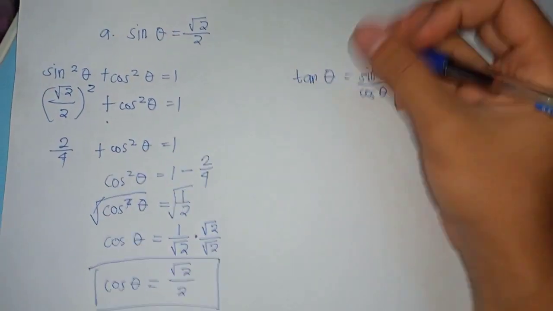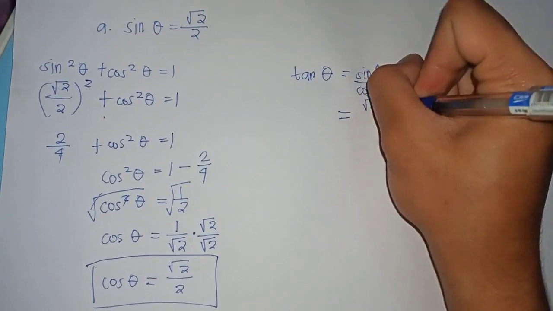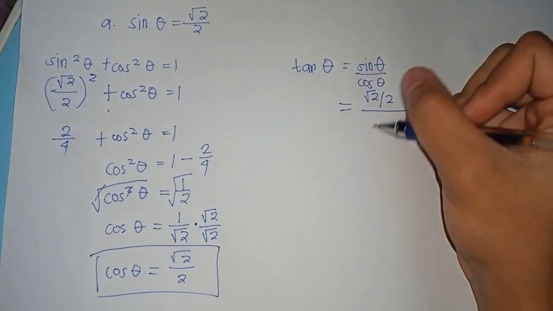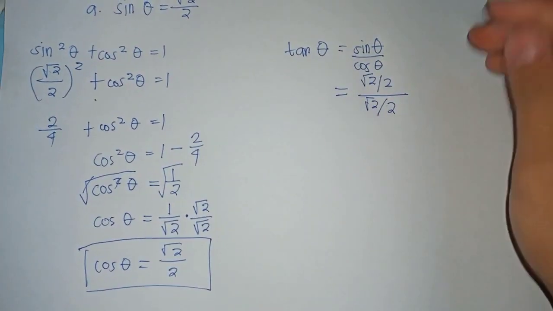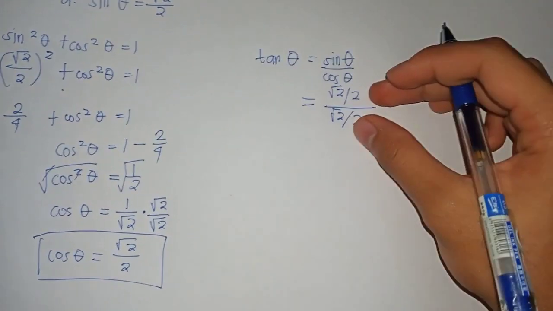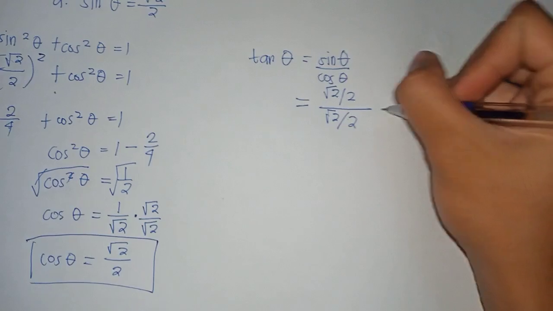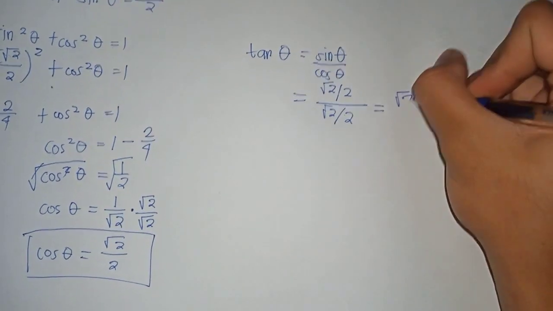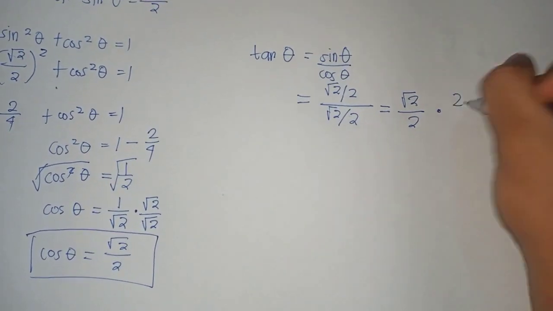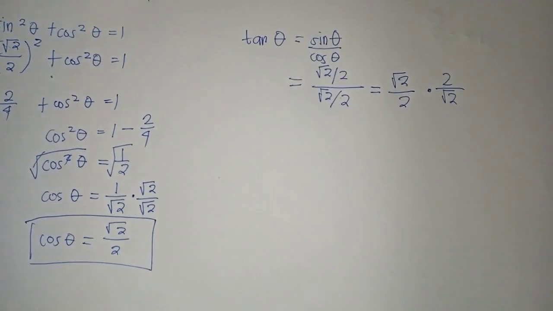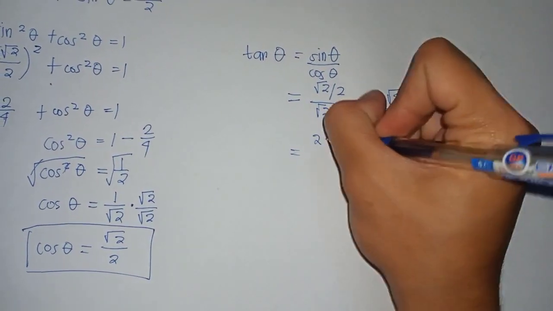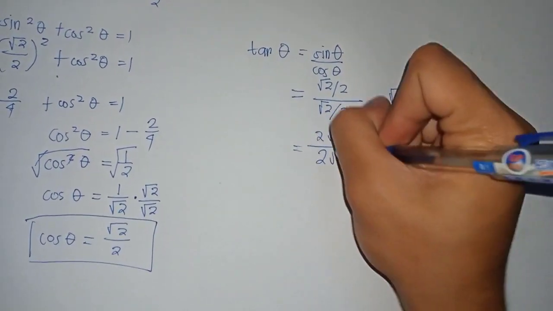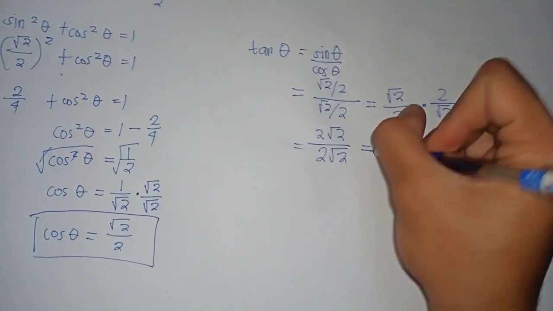Substitute the values. We have square root of 2 over 2 over square root of 2 over 2. Express this as multiplication: square root of 2 over 2 times 2 over square root of 2. Multiplying them, we have 2 square root of 2 over 2 square root of 2.